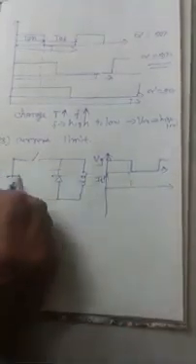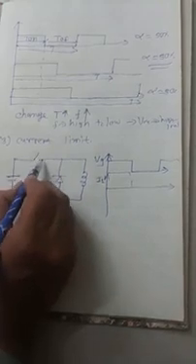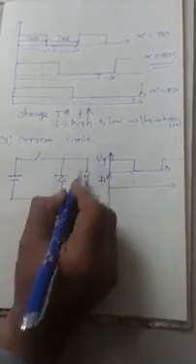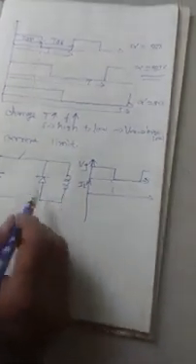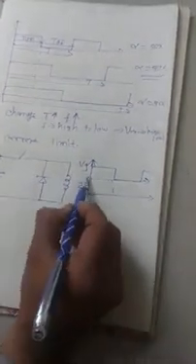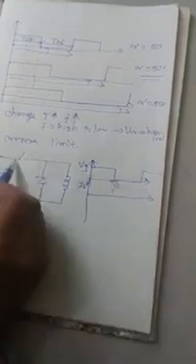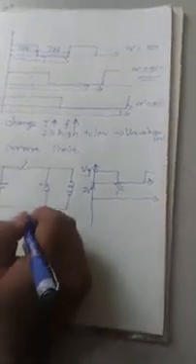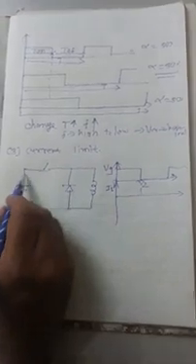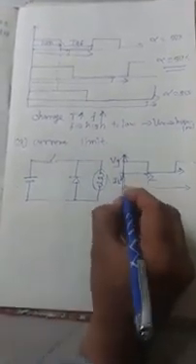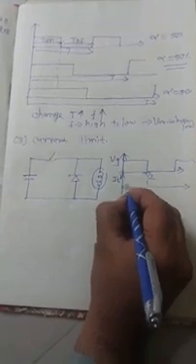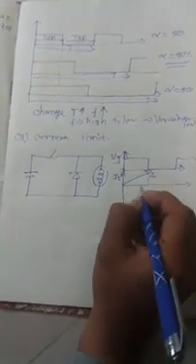When the DC supply voltage is applied, it connects to the switch, the RL load, and the freewheeling diode. When the gate pulse is applied from 0 to T by 2, the switch conducts and the freewheeling diode is turned off. With the supply voltage applied, the inductor stores energy, so the inductor current increases linearly from minimum to maximum.